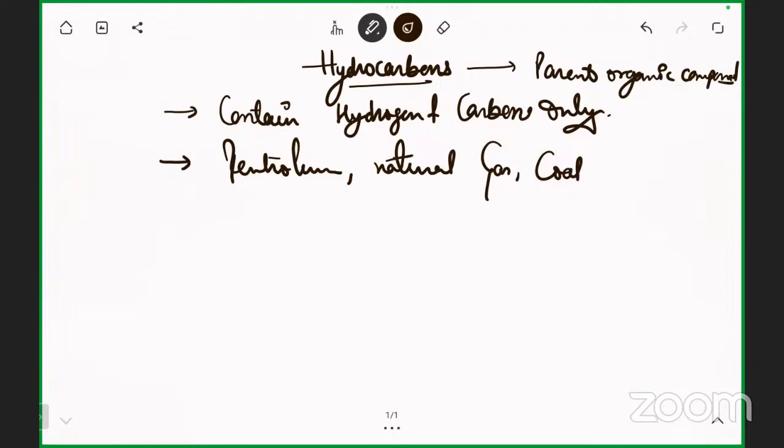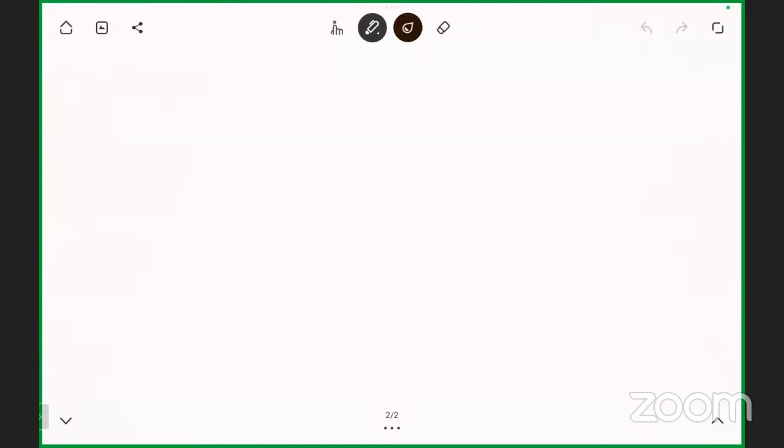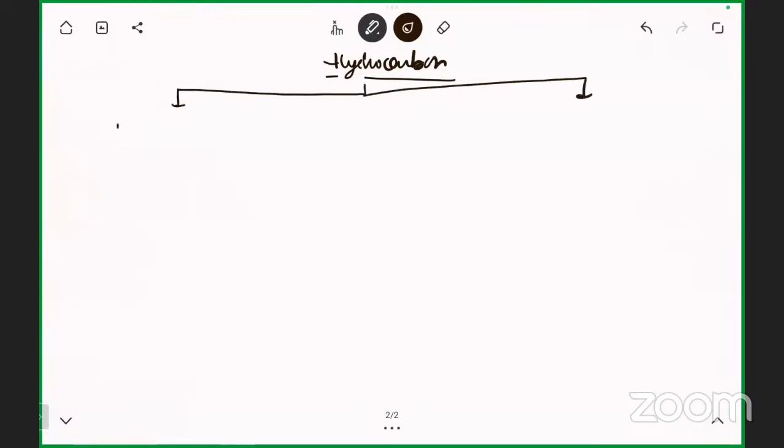Let's discover the classification of the organic compounds. Hydrocarbons are basically divided into two categories. The first category is alicyclic or open chain. You can make it side by side, because we'll discuss every part of the classification.